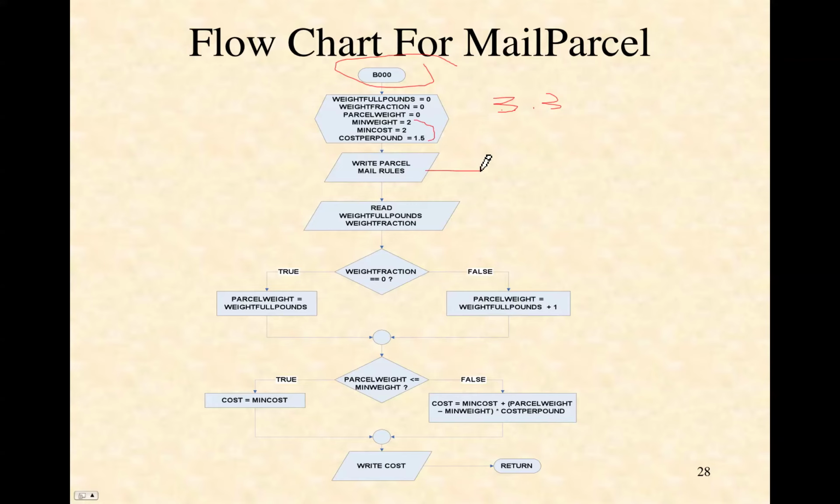So here first we explain the rules of mailing the parcel, and then we ask the user to enter the full pounds and the fractional pounds, two separate weights. Now if fractional weight is 0, then we have the full pounds, so we set the parcel weight to full pounds. However, if it is false, then we set the parcel weight to full pounds plus 1. Remember that any fractional weight is charged at the rate of a whole pound. So that's why we do this.